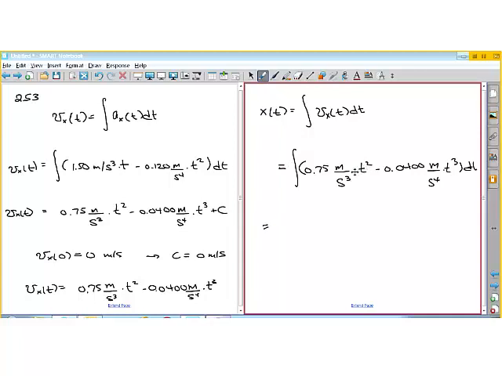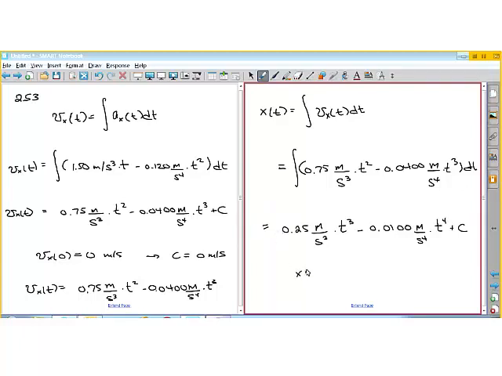When we integrate t squared, we get t cubed over 3. This divided by 3 is 0.25 meters per second cubed t cubed. Here we get t to the fourth over 4. This divided by 4 is 0.0100 meters per second to the fourth times t to the fourth plus our arbitrary constant c.